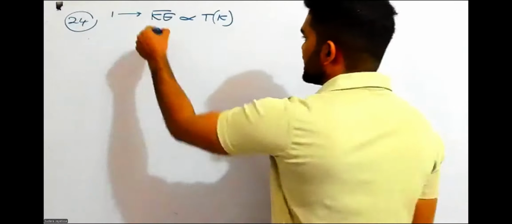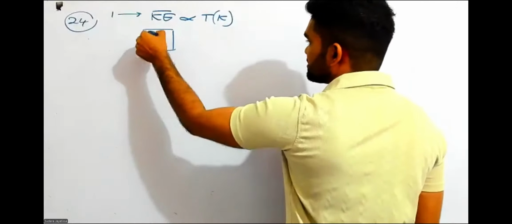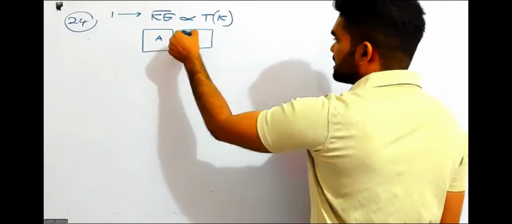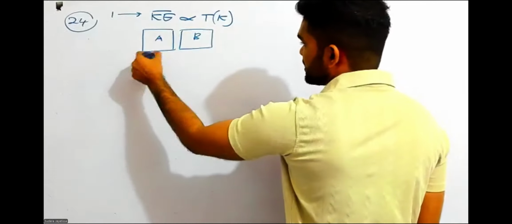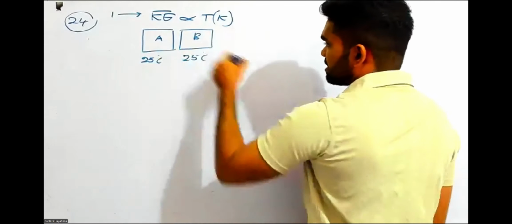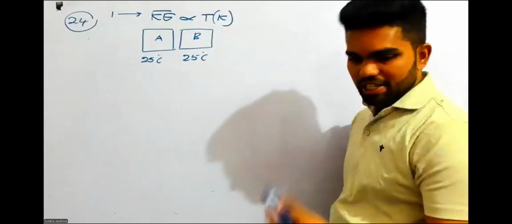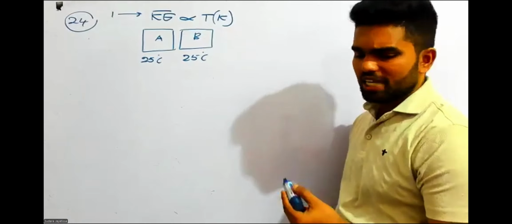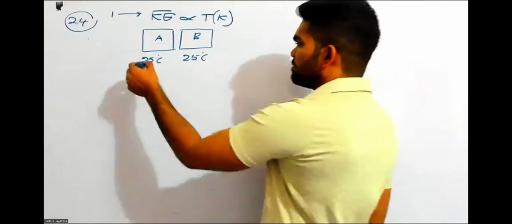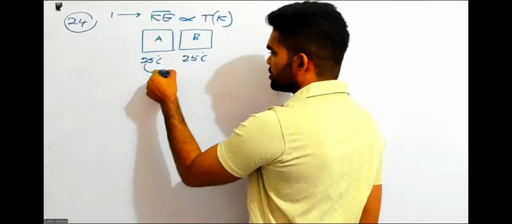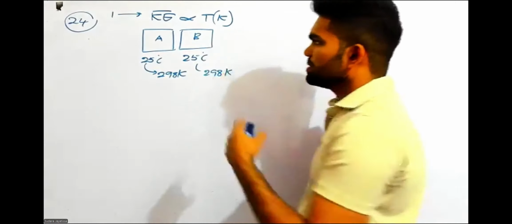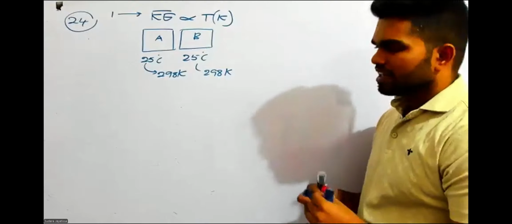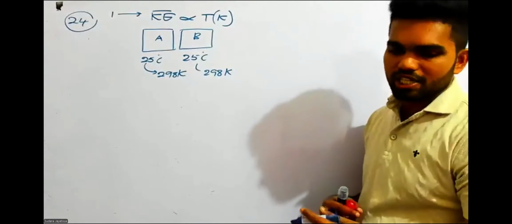Let's say there are two ideal gas samples, A and B. Think like this. And they are at the same 25 Celsius temperature. If they are at the same temperature, it is okay to say 25, because if you convert this into Kelvin, it is going to be the same Kelvin temperature. So when you say a statement like this, it is not required to say absolute temperature.